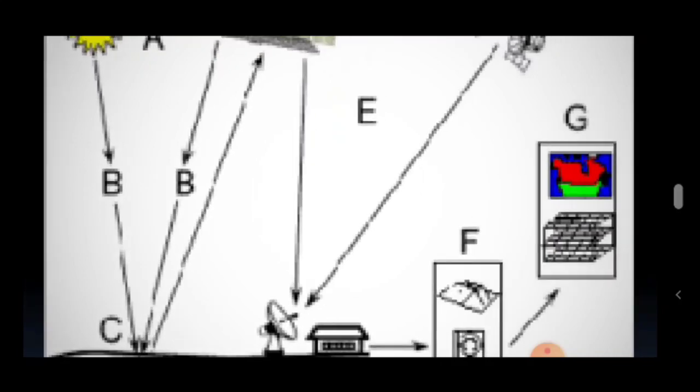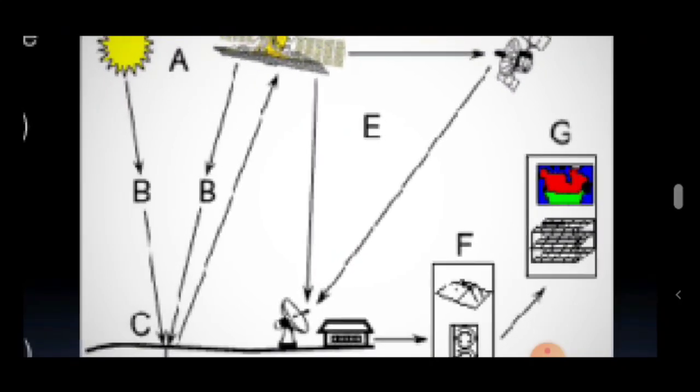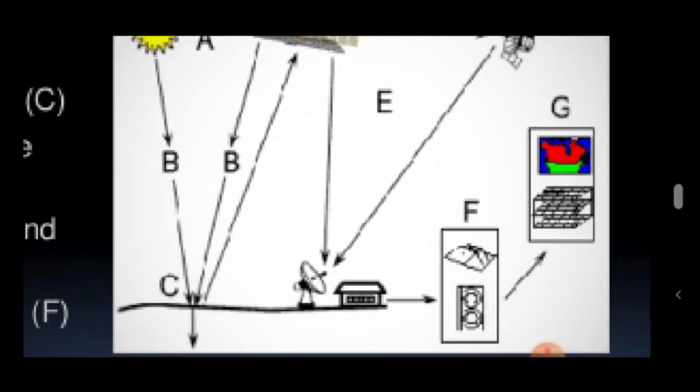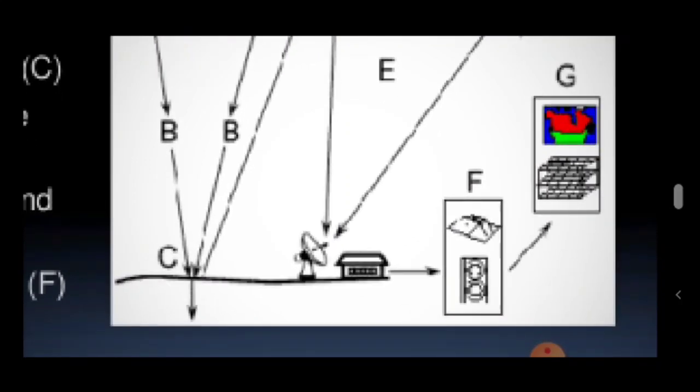Here you can see an antenna. We'll discuss it further later. All of these things will be discussed later for further information. And after transmitting was done, then it was interpreted here and analyzed.